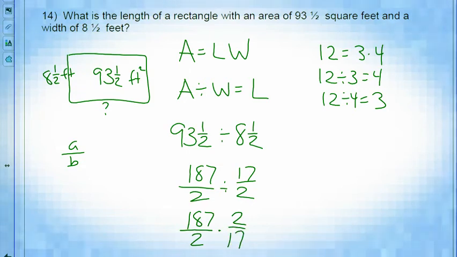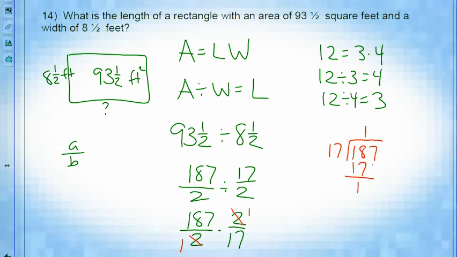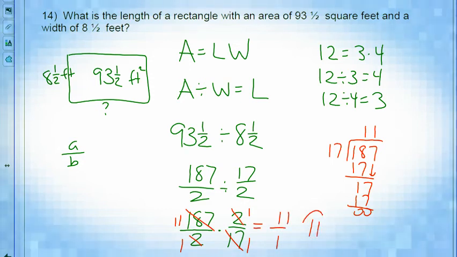And now I'm going to reduce, because cross-reducing is my friend. You wouldn't know it necessarily by looking at it, but 17 actually is a factor of 187. I suspect this, and you probably should suspect this on the test. So you might try, even if you don't see it right away. It goes in there 11 times. And so this divided by 17 is 1, and this divided by 17 is 11. And look at that, I get 11 over 1, or 11 feet.